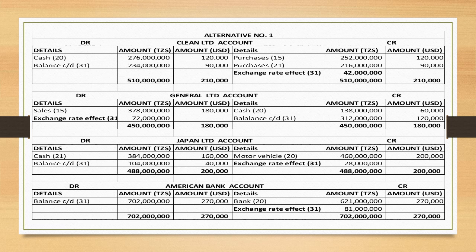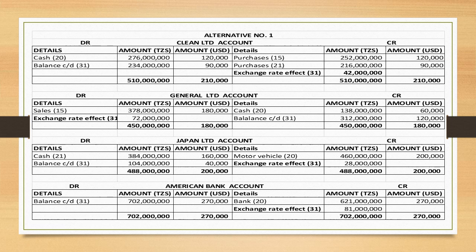Again, American bank account, we make a loan: debit bank and credit American bank account with US dollar 270, which is equivalent to 60.21.